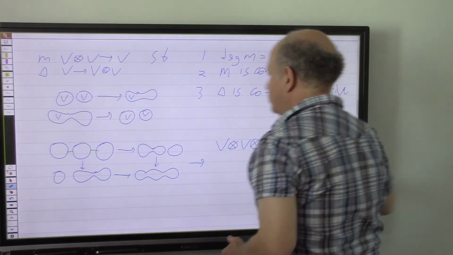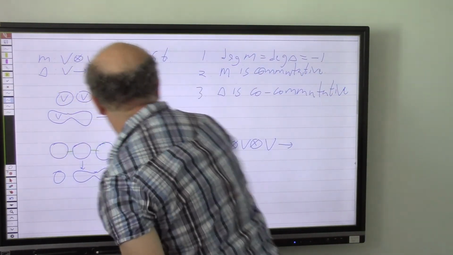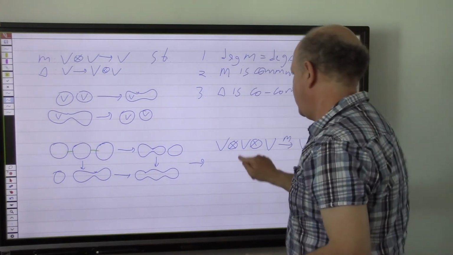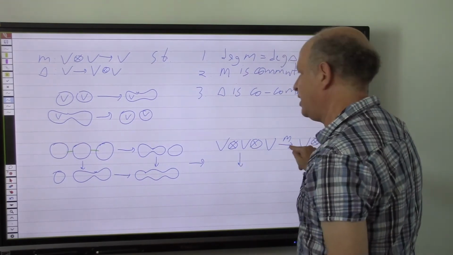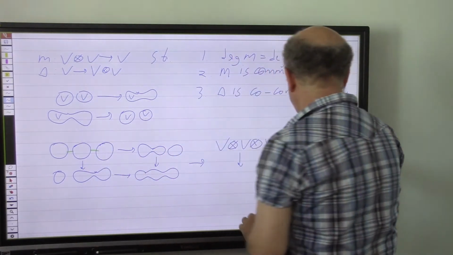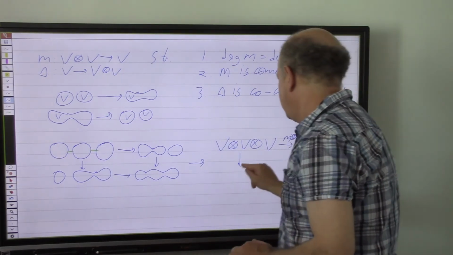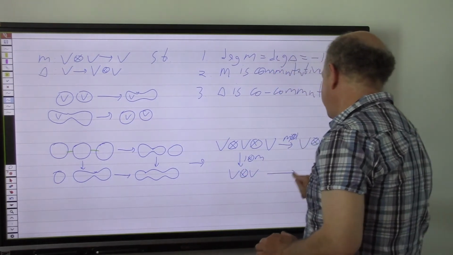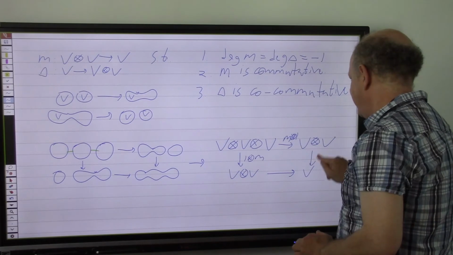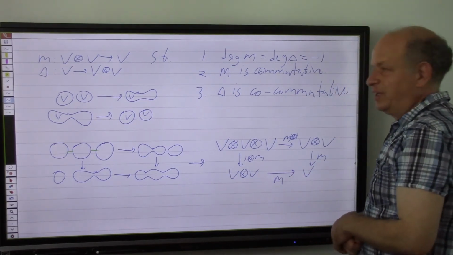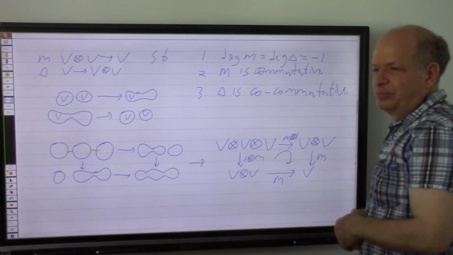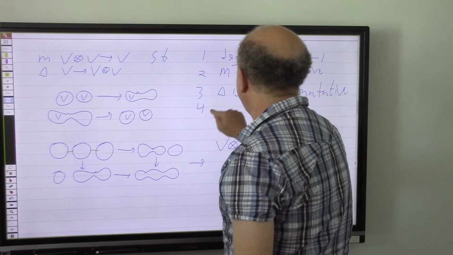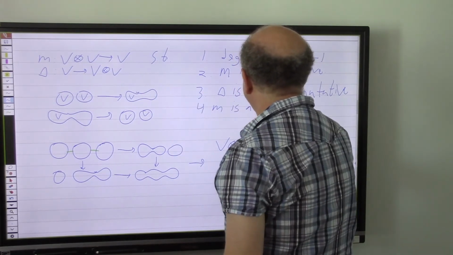So this goes to V tensor V using M. The last component is untouched, so this is M tensor 1. Or I could go to V tensor V using 1 tensor M. And in both cases, I go down to V using M. The condition is that this diagram will be commutative, and in too many words, I told you that the next condition here is that M is associative.